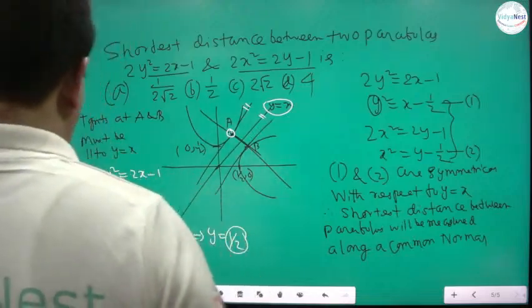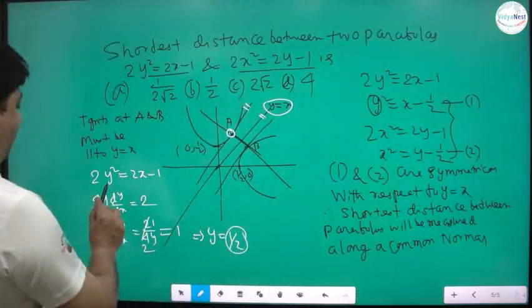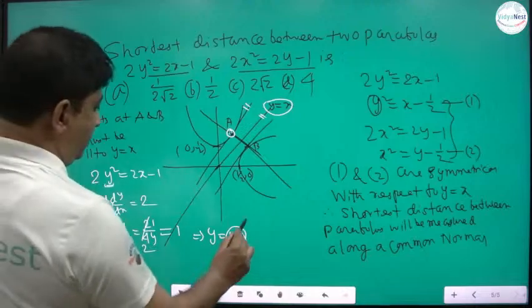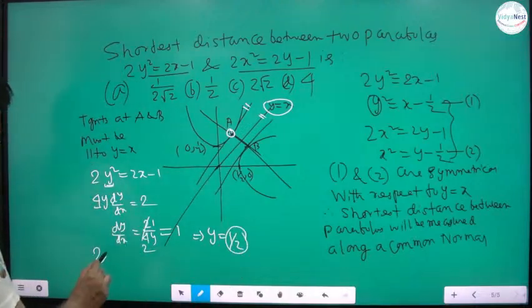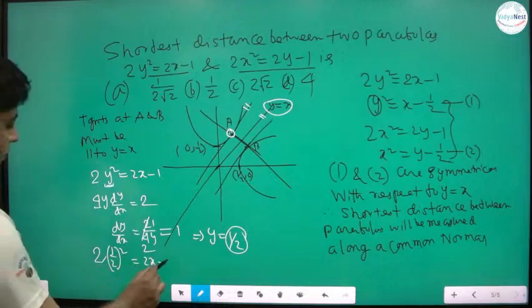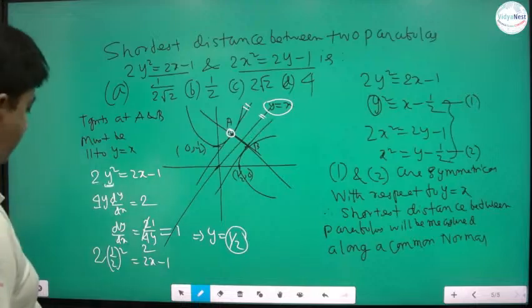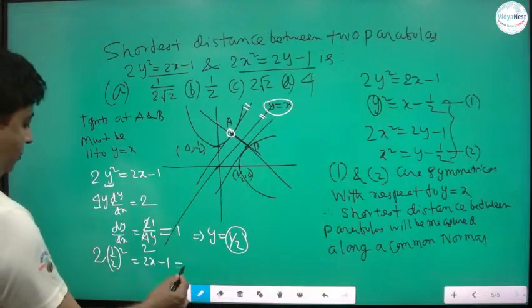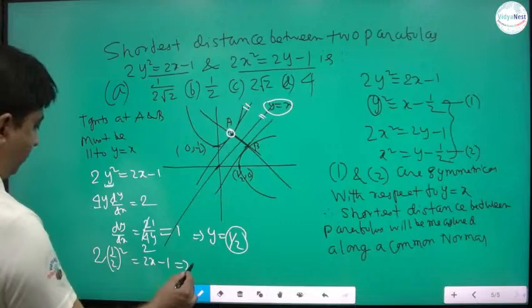Now that y will be placed here. 2 into half square is equal to 2x minus 1. That will give you 1/4.